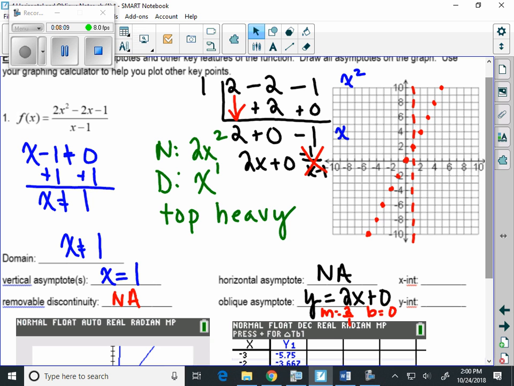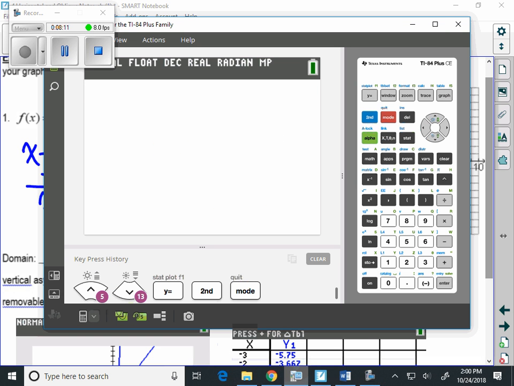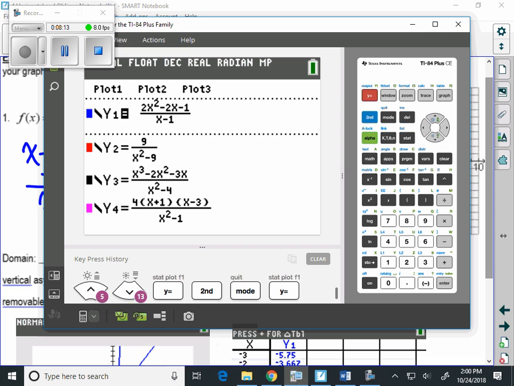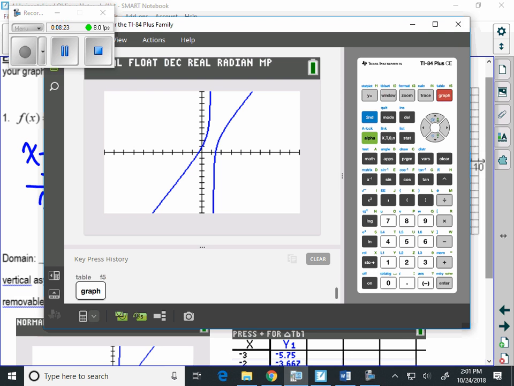So let's pull out our calculator and go to y equals, and I have them all in. Provided that I typed them in correctly, when I press graph, we're going to get that picture. What can be helpful here is we can go to second and table.